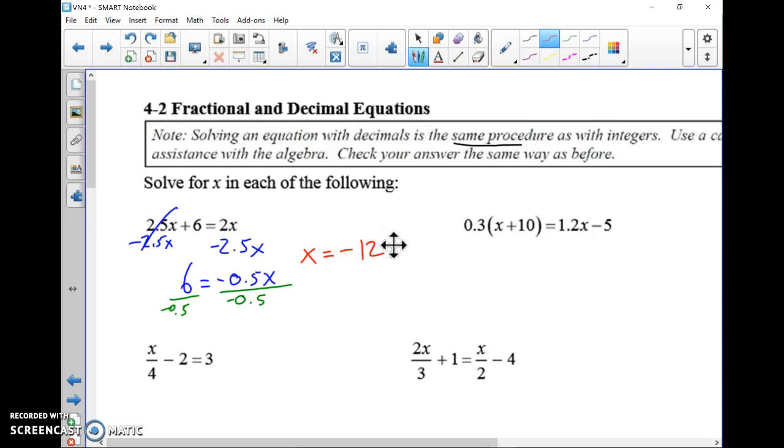What's really happening, if I make a little note over here, is instead of the decimal, think of it as the fraction: 6 divided by negative a half. When you divide fractions, you multiply by the reciprocal. So it ends up being negative 2 over 1, and then you multiply and you get negative 12 over 1, which is just negative 12.